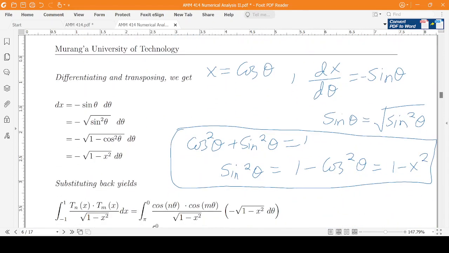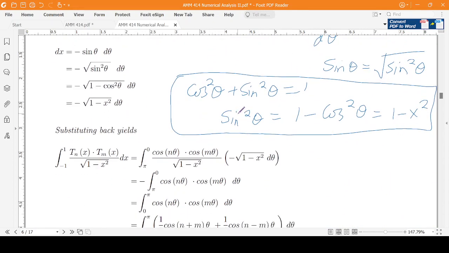So how will the integral look like? We shall have the integral from pi to 0, cosine of n theta times cosine of m theta divided by the square root of 1 minus x squared. And then dx here is equals to minus the square root of 1 minus x squared d theta. So we substitute that one there, and you see that this quantity here cancels out.